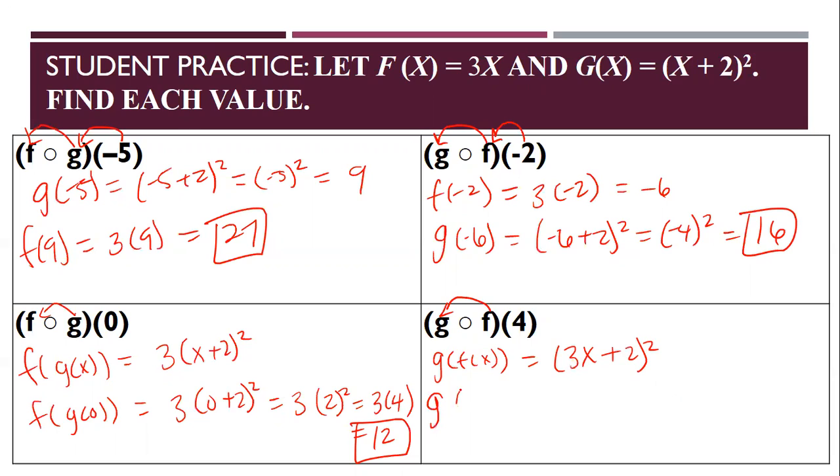And now I evaluate, which gives me 3 times 4 plus 2 squared, which equals 14 squared, which equals 196. Whichever way you choose to go about doing it, it's up to you.